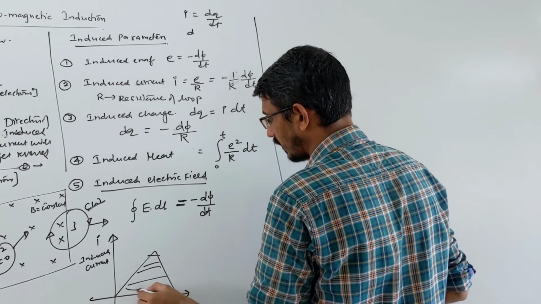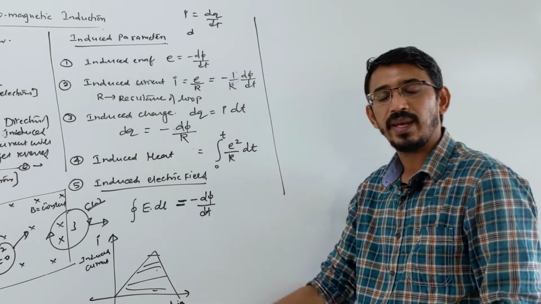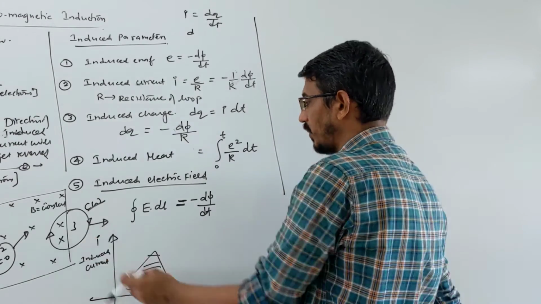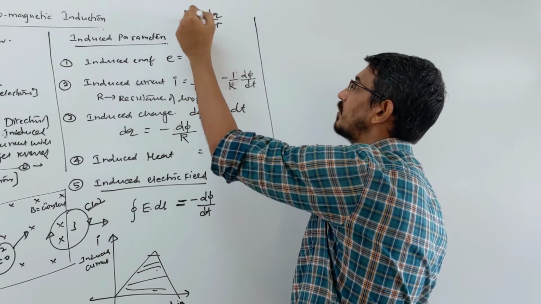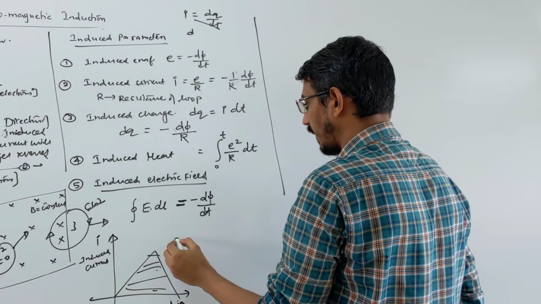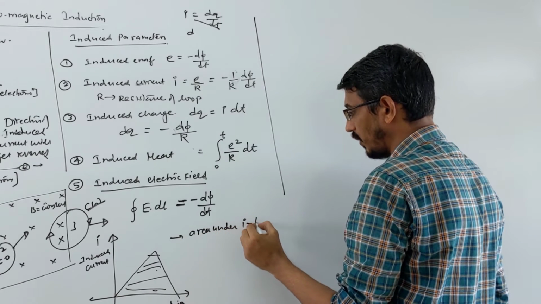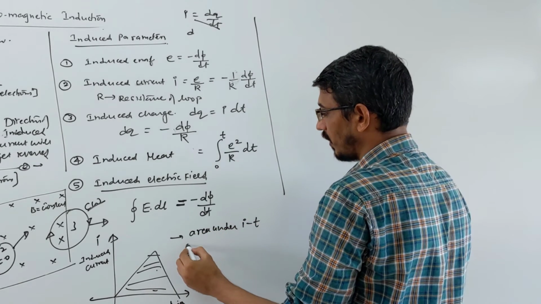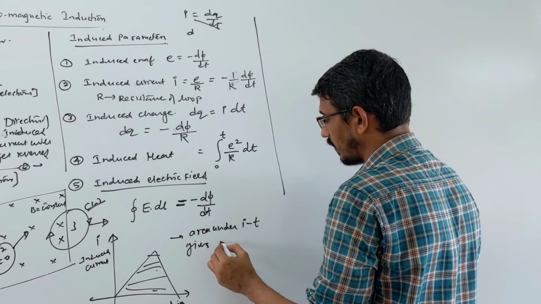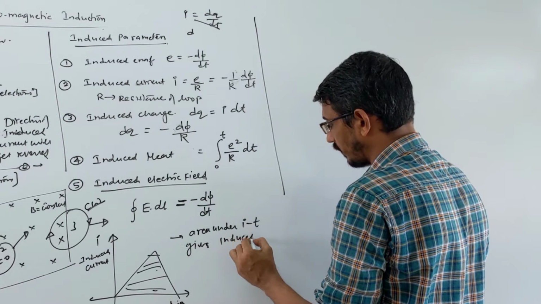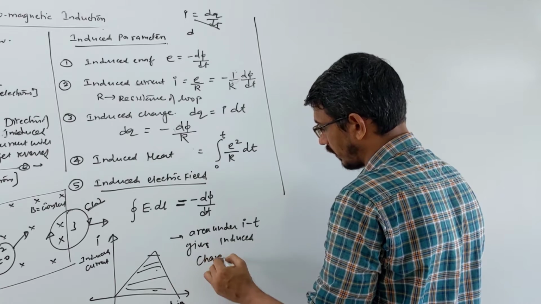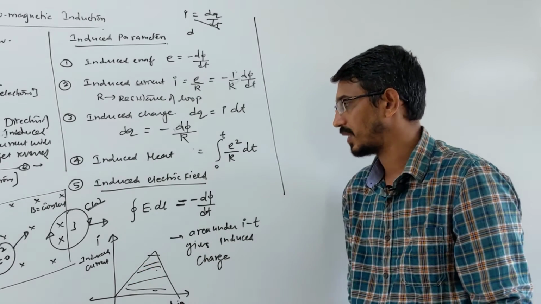Then you calculate the area of this graph. Current into time, what is current into time? Charge. So the area under the induced current and time curve gives induced charge. So if you draw a graph, you will get that answer, right?